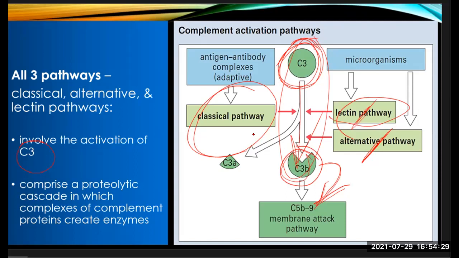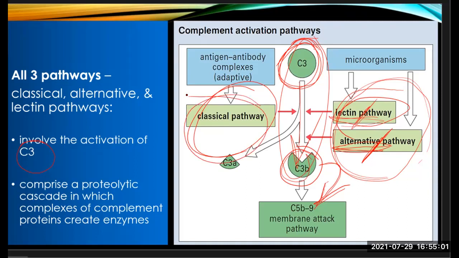If you ask me whether the complement system functions in the innate immune response or only in the adaptive, I would say both, because antibody-independent innate immunity is brought about by two pathways, the lectin and the alternative pathway, while the antibody-dependent adaptive immune responses are brought about by the classical pathway.